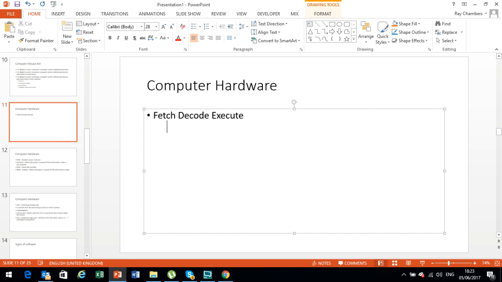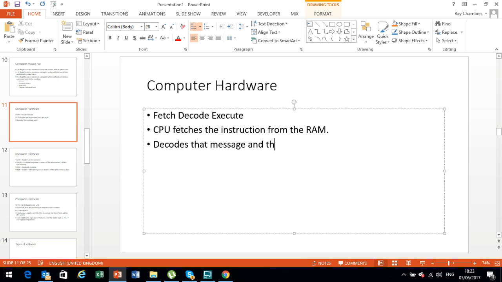I will start that again. You have the fetch, decode, execute. So the CPU fetches the instruction from the RAM. Once it has fetched that instruction, it decodes that message and then processes it by executing it.